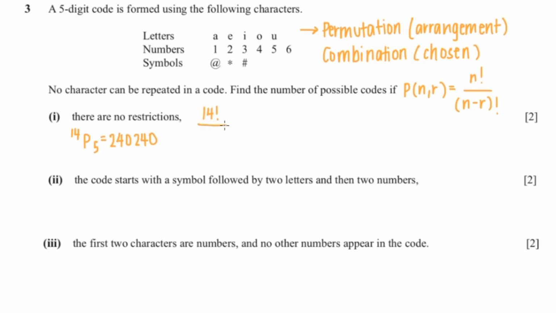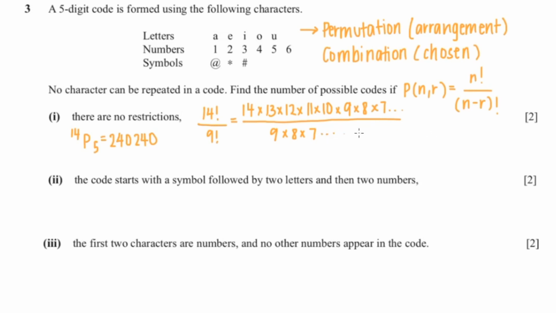So that would be 14 factorial over n minus r, so 14 minus 5 is 9 factorial. That would be 14 times 13 times 12 times 11 times 10 times 9 times 8 times 7 and so on, over 9 times 8 times 7 and so on.